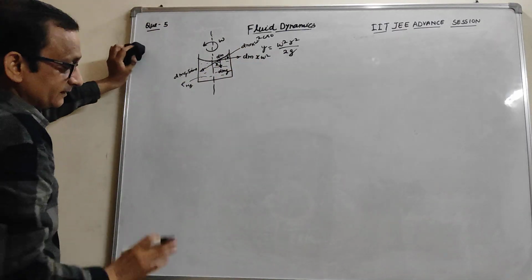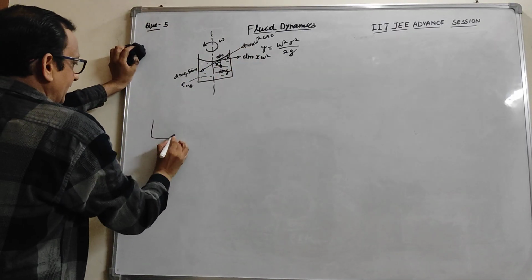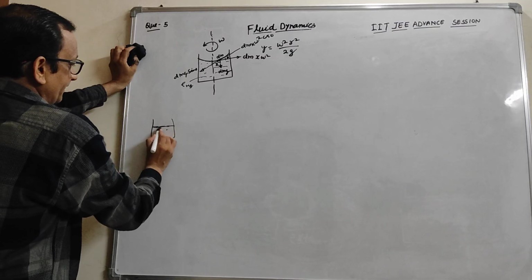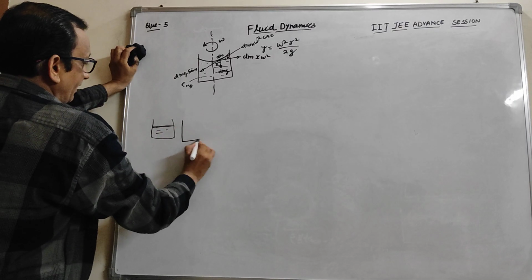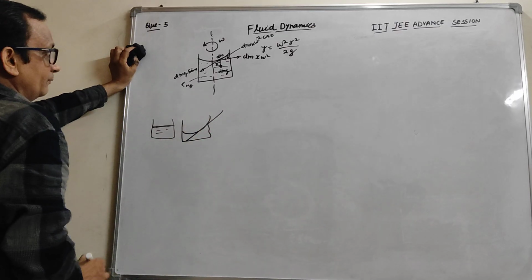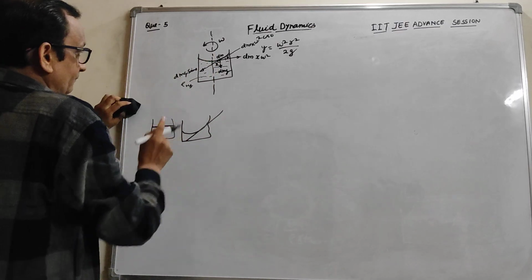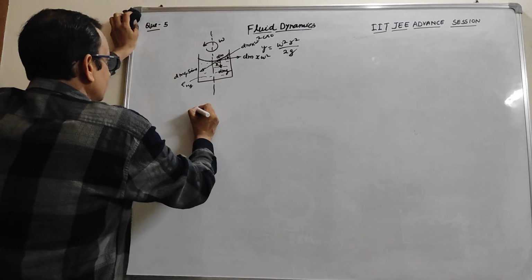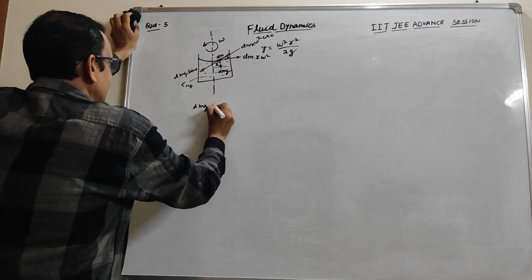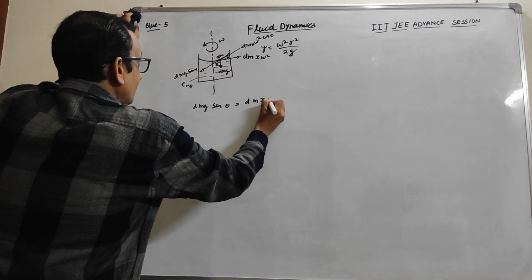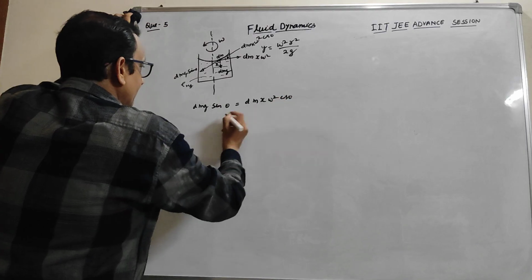We know that on the surface, the net tangential force at a point of the liquid surface is 0. So we equate these values: dm g sin theta equals dm x omega square cos theta.